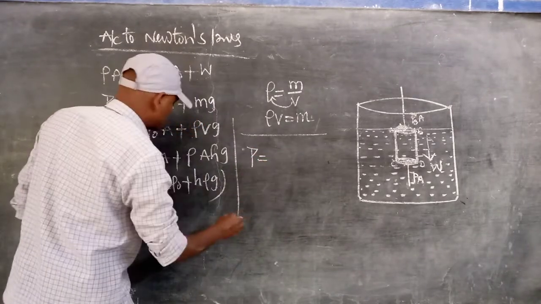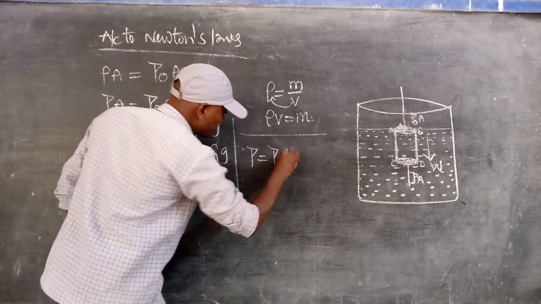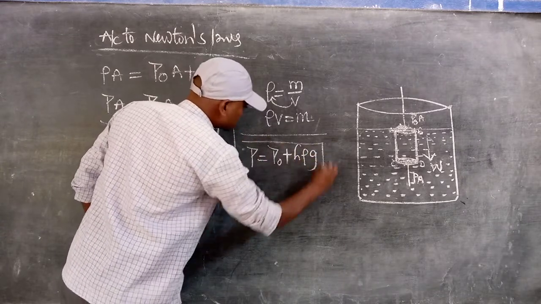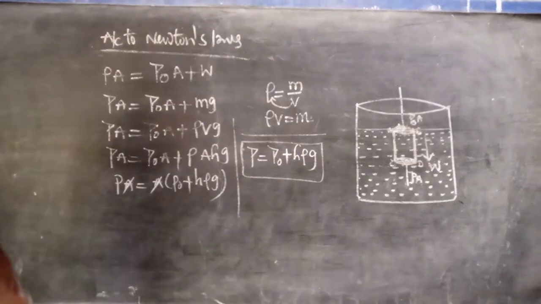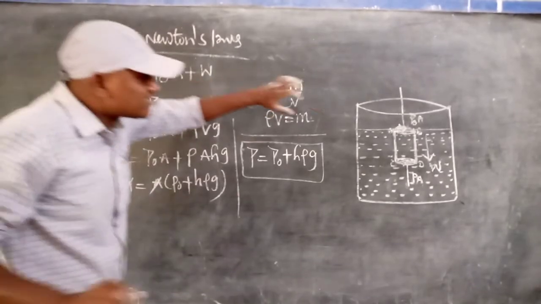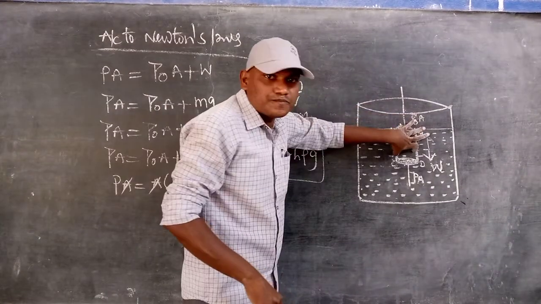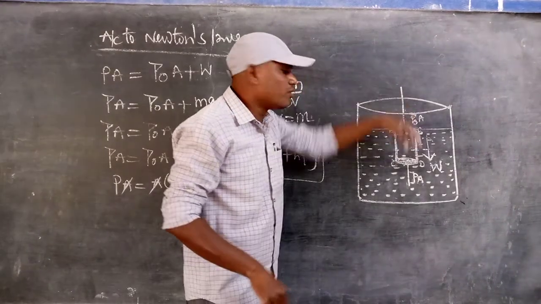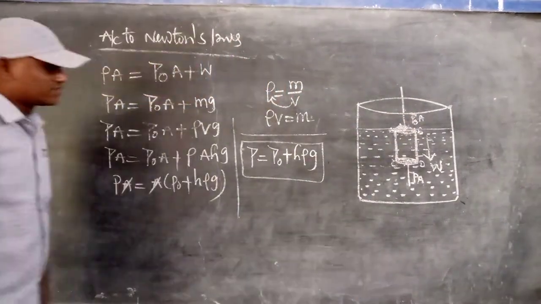P is equal to P naught plus H rho G. So this is the formula to find the total pressure acting on our considered liquid column, just beneath the surface.